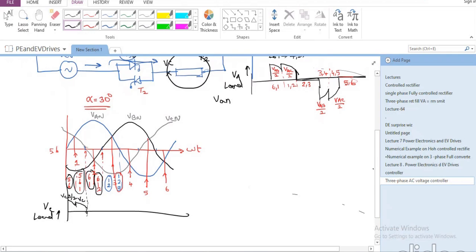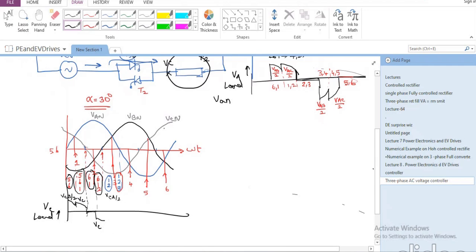And it will come down to 0. And after that, when 6 and 1 are conducting, you will not have any voltage at all across C phase. When 6, 1, 2 are conducting, again VC will come into picture and VC is here. It is negative. So it is going to jump to some negative and this is going to be VC. And when 1 and 2 are conducting, it will be VCA divided by 2.